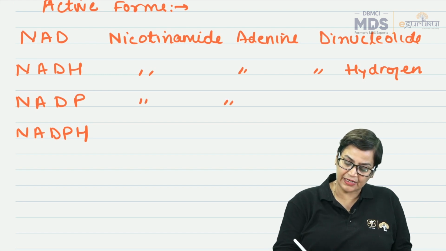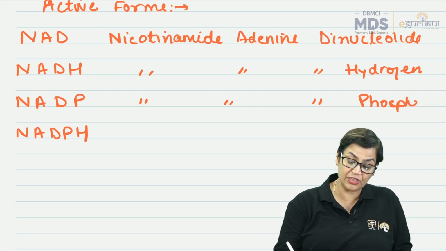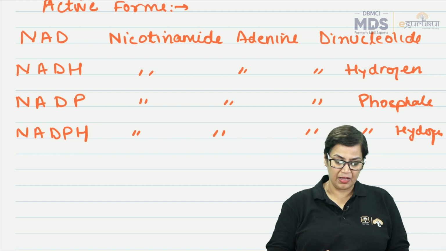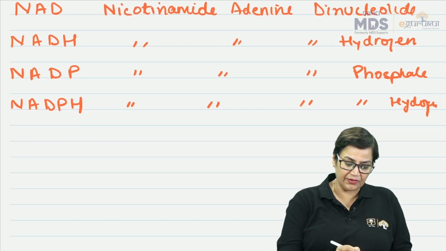NADP is nicotinamide adenine dinucleotide phosphate, which has more energy obviously, and NADPH is nicotinamide adenine dinucleotide phosphate along with hydrogen. So these are the 4 active forms of niacin.